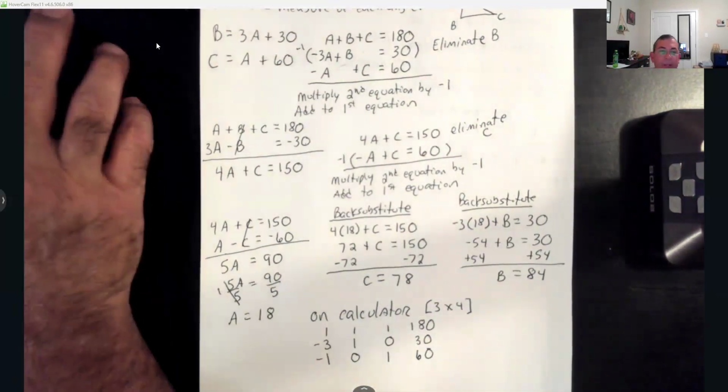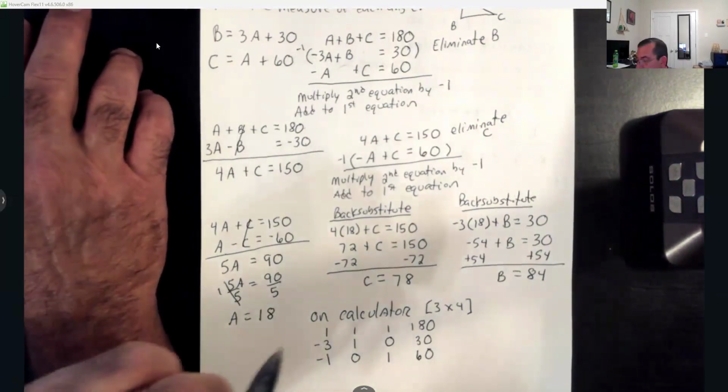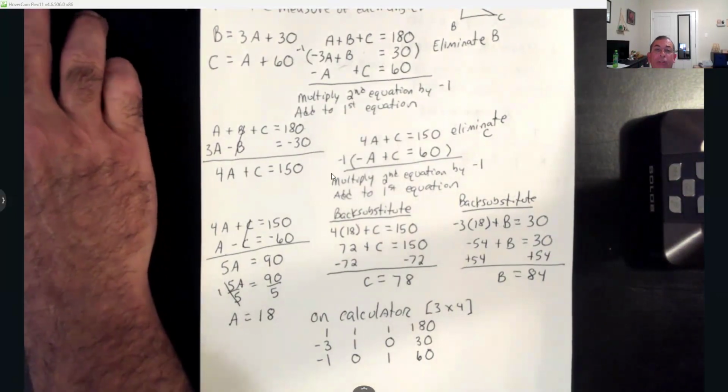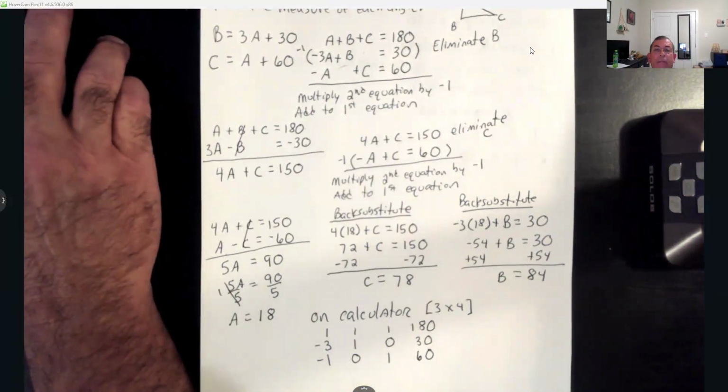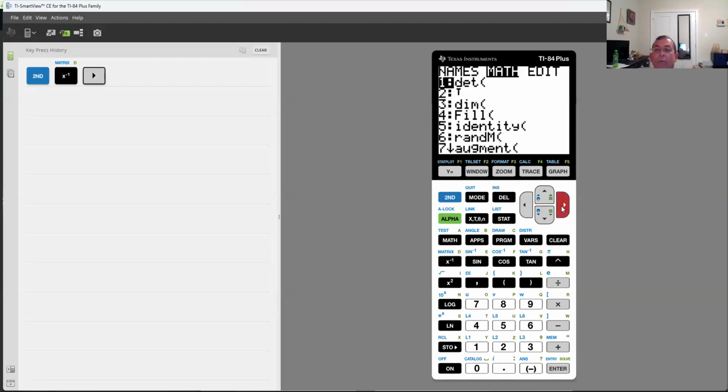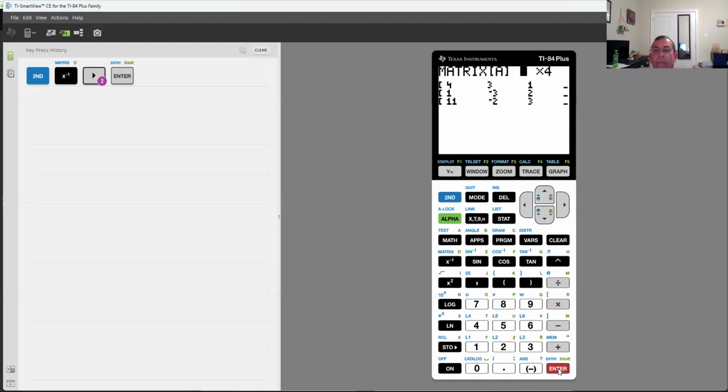So I'm going to just get you more practice on the calculator. So remember, I'm going to go to my matrix stuff. On my calculator, I would hit second, x -1 to bring up my matrix. I'm going to go over there to edit and hit enter. So y'all, it's still a 3x4, so hit enter, enter. And then we put in our numbers.